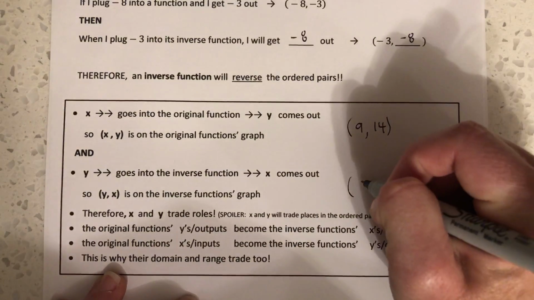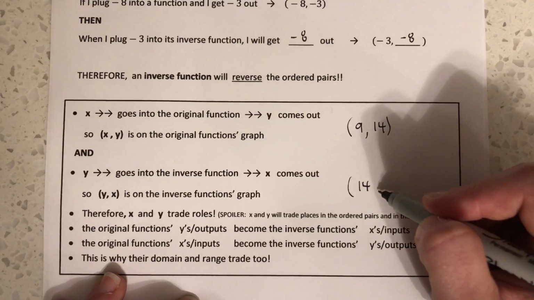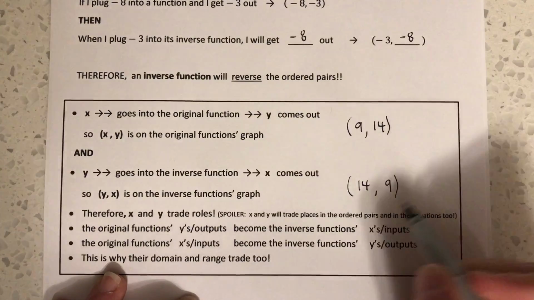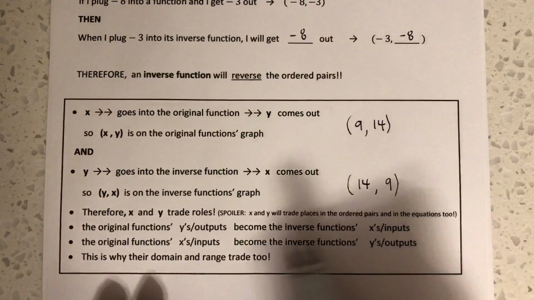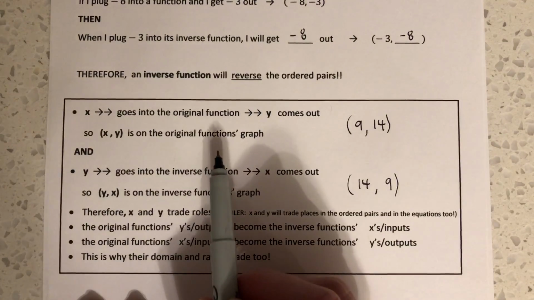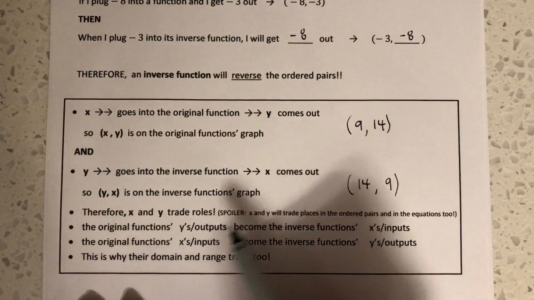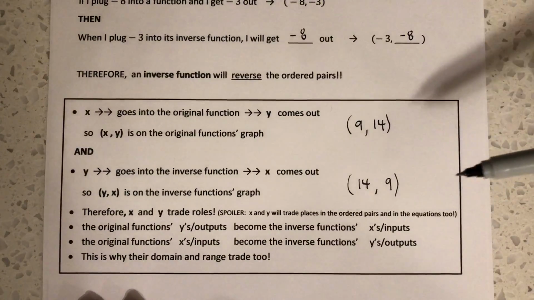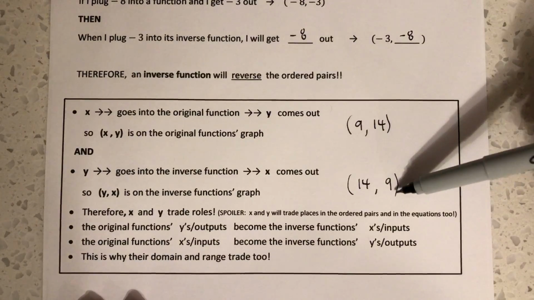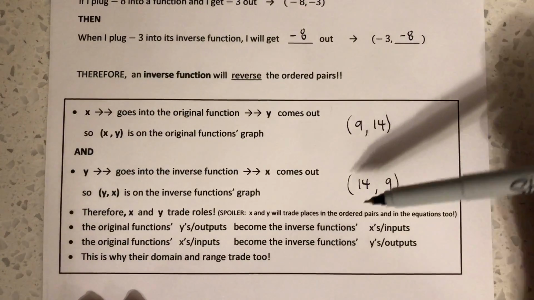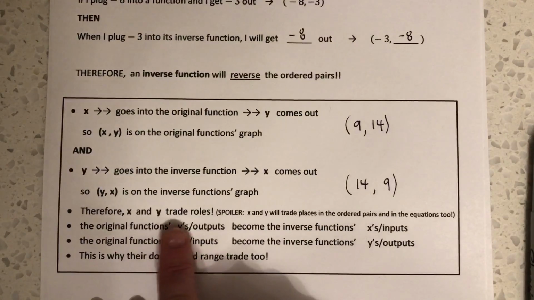So now 14, the original y, goes into the inverse, and then 9 comes out, the original x. So (x, y) is on the original function's graph, and (y, x) is on the inverse function's graph. Their x and y's literally trade roles. The original x's are the inverse's y's. The original y is the inverse's x, okay? So therefore, x and y trade roles.